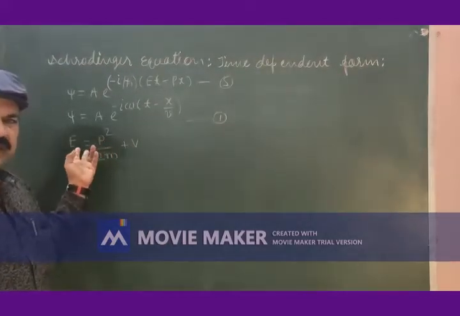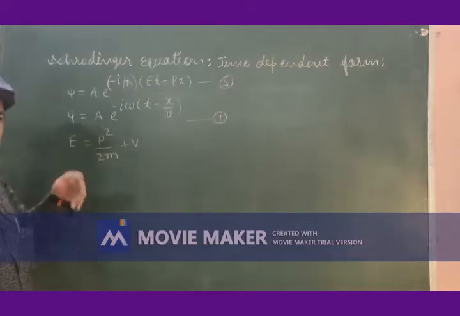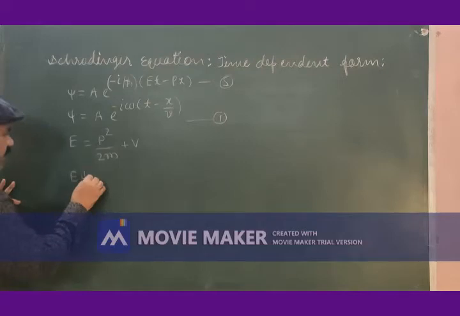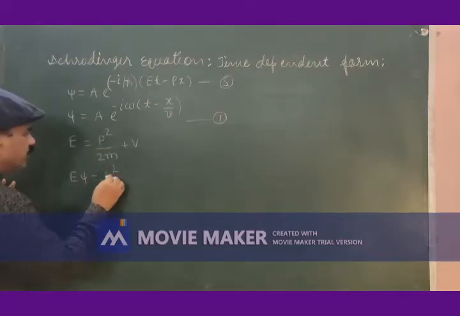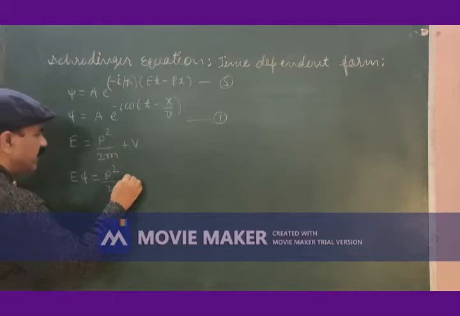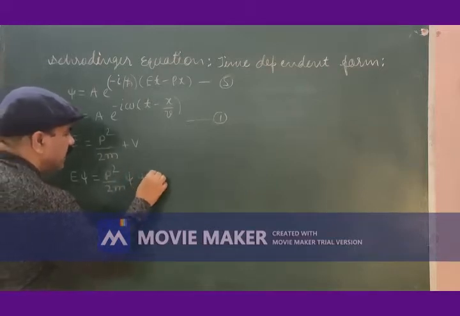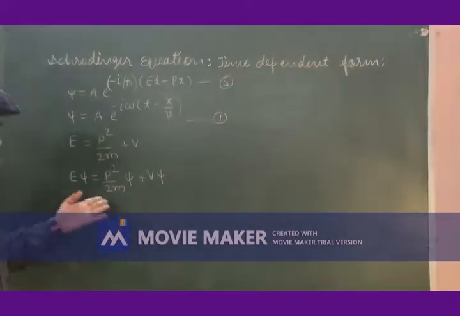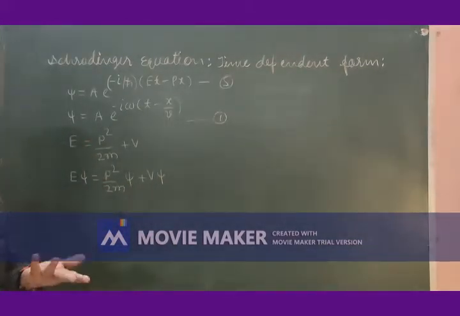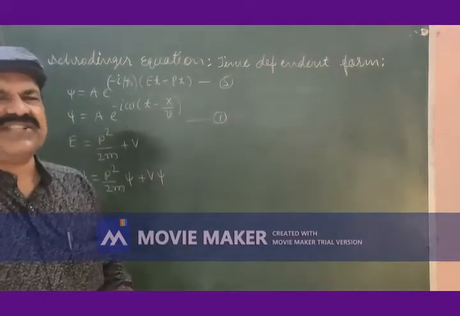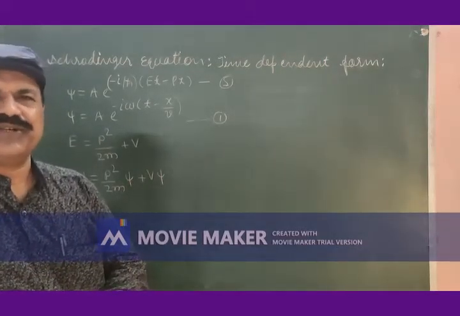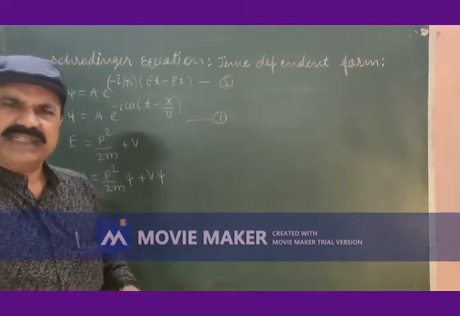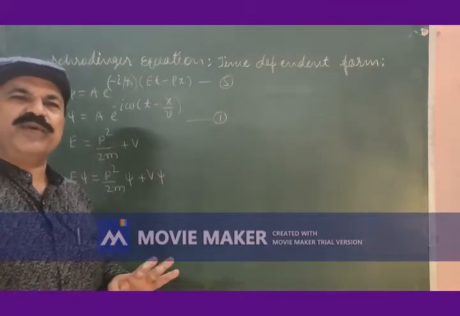If this equation is multiplied on both sides by the function psi, we may write it as E psi is equal to p square divided by 2m psi plus V psi. We wrote this equation in the last lecture, and we have taken this equation as the general form of the Schrodinger equation. Actually, it is the equation for the total energy of a particle performing non-relativistic motion. Let me call this the general form of Schrodinger equation.